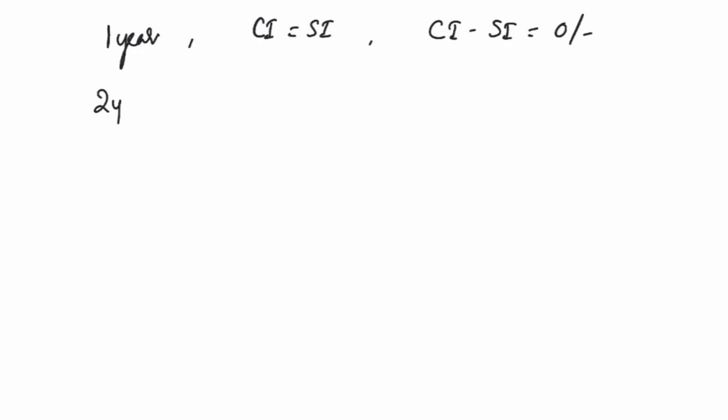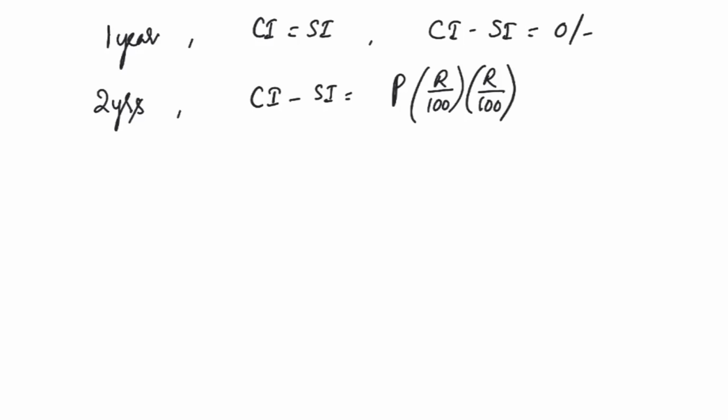And the relation between simple interest and compound interest, see, for 1 year, compound interest and simple interest are equal. In other words, the difference is 0. If the duration is 2 years, compound interest is definitely more than simple interest, and the difference is P into R by 100 into R by 100.